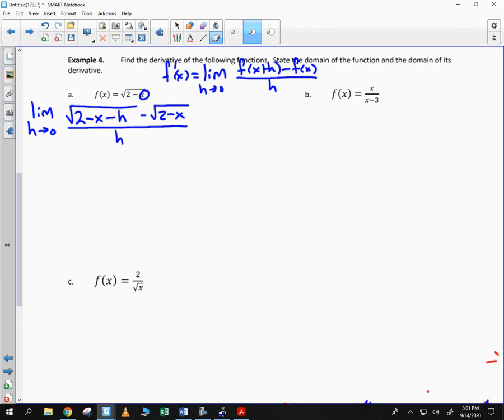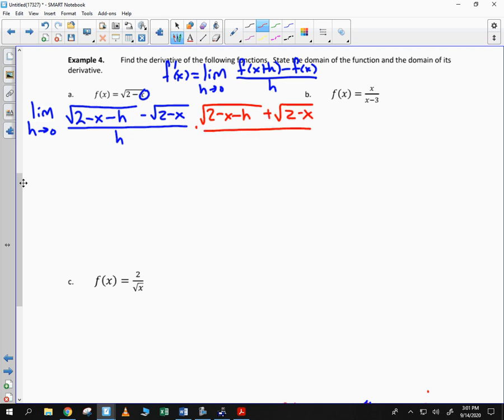So we did a basic example here where we had a polynomial. Those work out pretty nice. What if we have a situation where we have radicals? Well, we're going to multiply by the conjugate, which is the square root of 2 minus x minus h minus the square root of 2 minus x. Oh, that's a plus because it's the conjugate.